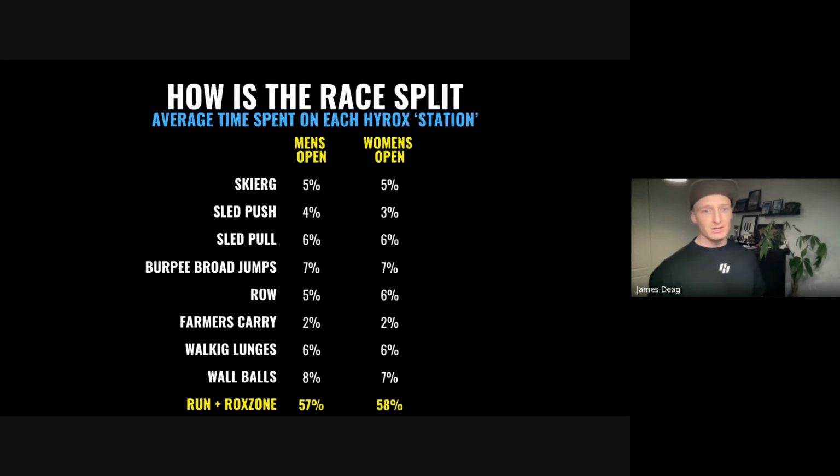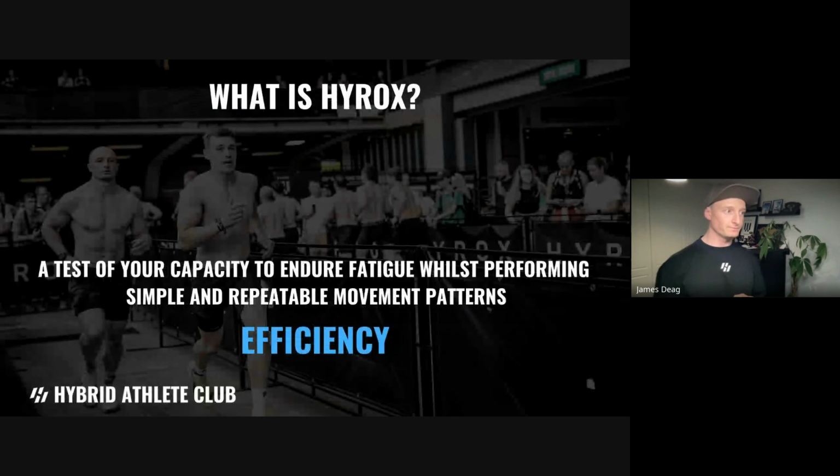So the workout stations are basically just a little obstacle in the way between you and another run. We, of course, want to practice them. We want to be proficient at those movements and comfortable and confident that we're going to get through them. But the aim of the game in those workout stations is to move as efficiently as possible.